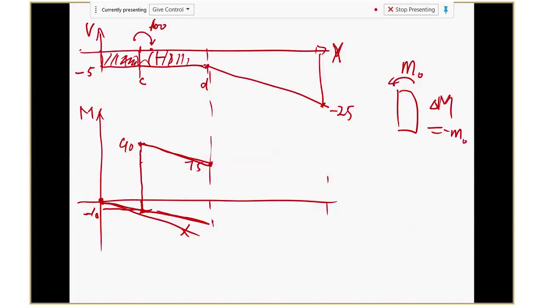Now what's next? What do you see? You see a distributed load, right? So that's this part. So you're going to continuously accumulate negative area. But at the beginning, every inch accumulates like 10, then you accumulate more, so quicker, right? So the decrease will be quicker and quicker. So what you get will be a curve like this.